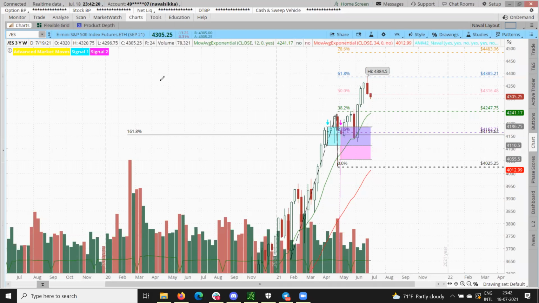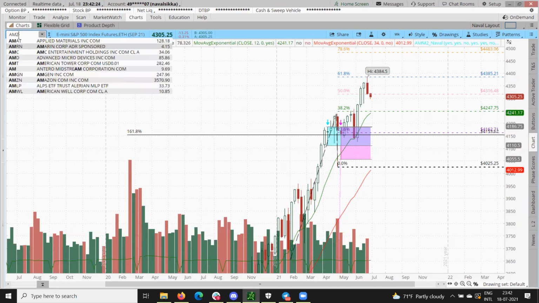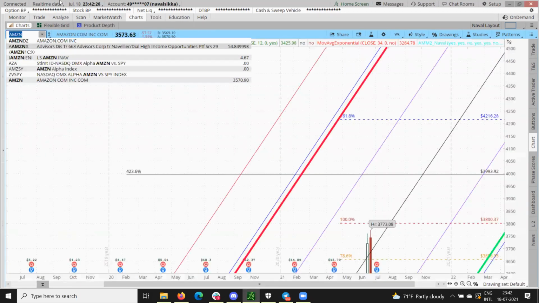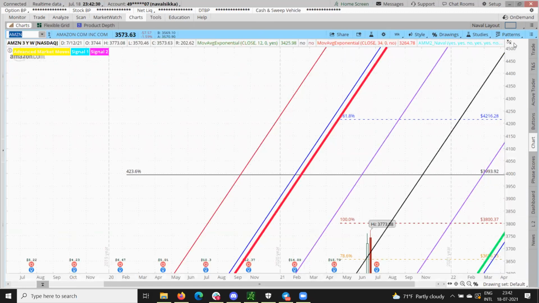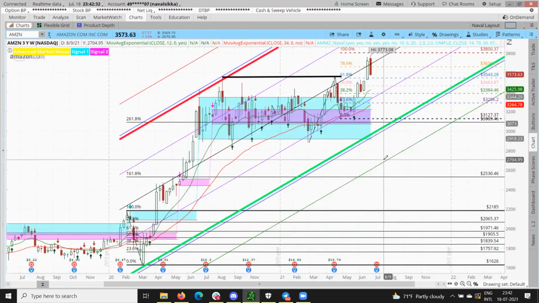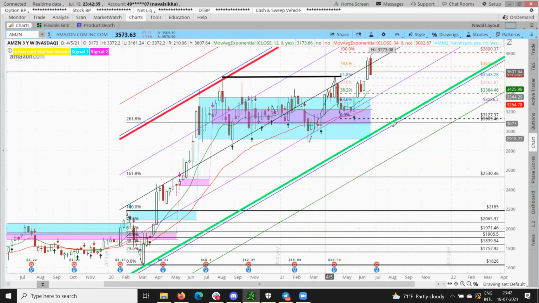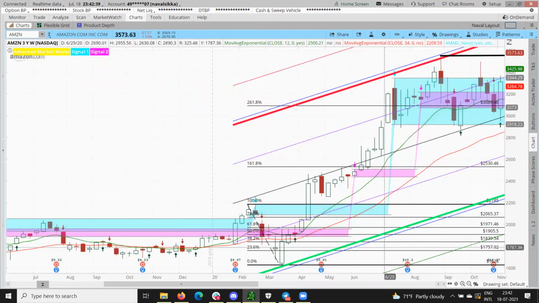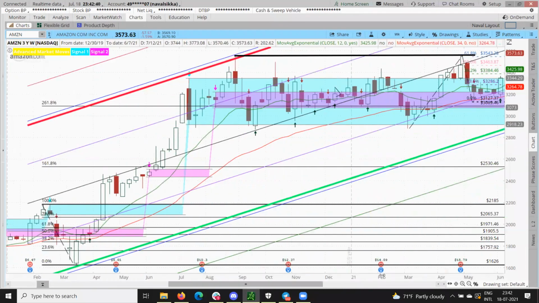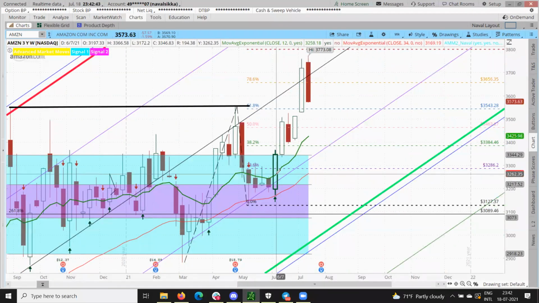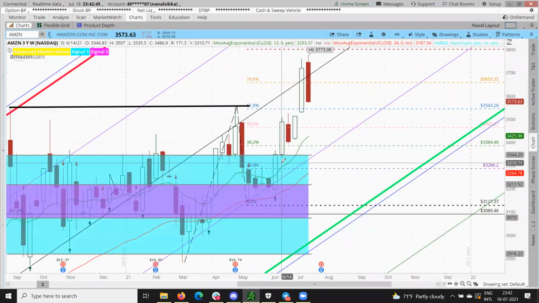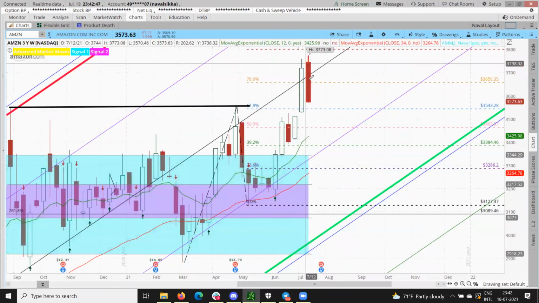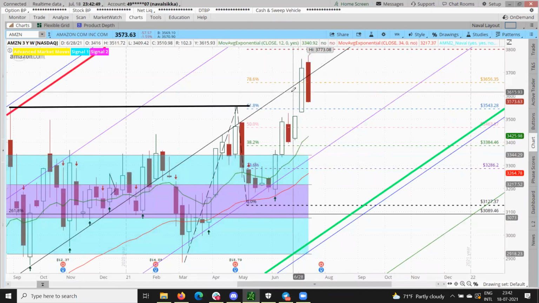But one thing which I want from the Amazon, 1 second. For Amazon, you need to understand. See, Amazon trend is still bullish. I have not denied that. The basic thing which I've shared with you, that the green line is up, the trend is up, but it is facing the resistance.